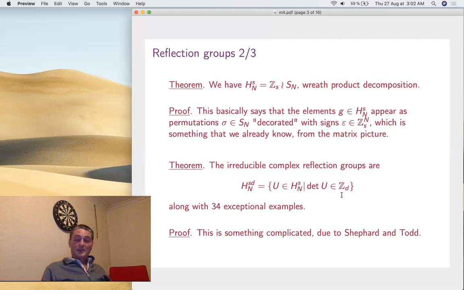And that's all. I mean, this is the series depending on 3 parameters n, s, d, and then you have exceptional examples which are classified by Shephard and Todd in the 70s, I think. There are 34 of them. So big results, of course. Very complicated, the proof.